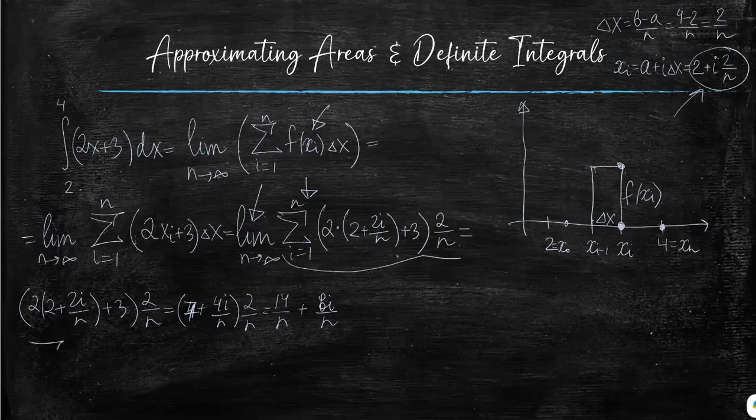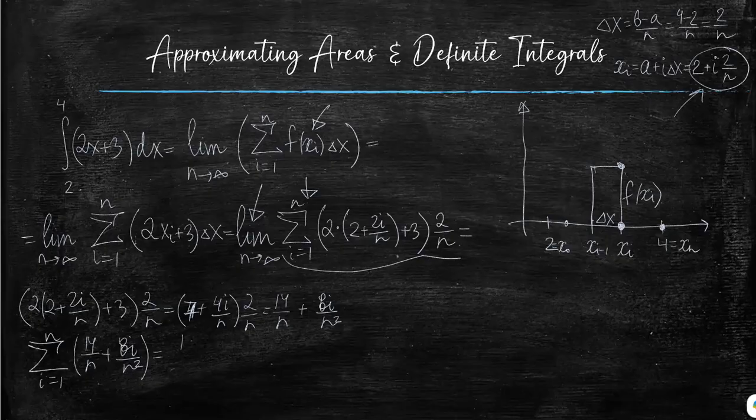So when you apply sigma from i equals 1 to n to 14 over n plus 8i over n, we're going to end up with, it's actually n squared here, right? So we have 8i over n, so this is n times n becomes n squared. And now we're going to be using properties of sigmas.